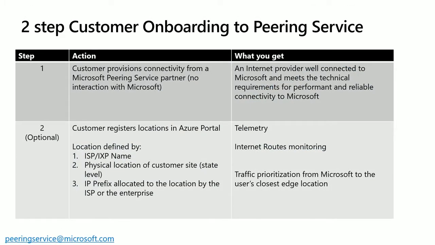Just to summarize, when you select the peering service, you have 2 steps. The first one, we are not in the loop. You have to reach out to your provider and say, give me internet connectivity, enterprise-grade internet connectivity. But I want to make sure you pick the option that will offer the peering service.